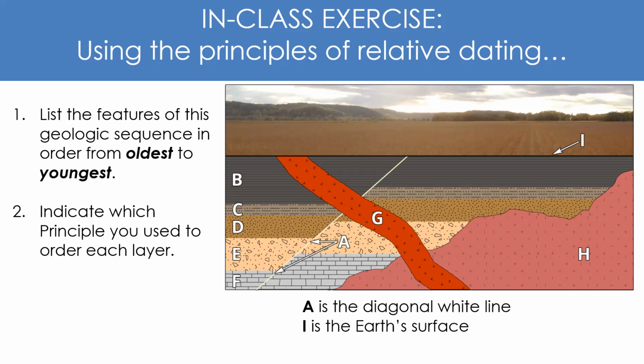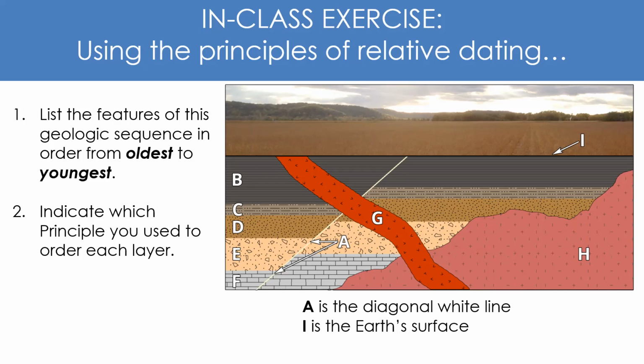So the fault is younger than B, C, D, E, and F. That makes sense. So that means that A is younger than B. Now, since we know that A cut through all of those and offset those formations, and we see that G hasn't been affected at all, and G actually goes through the fault, that means G is younger than A.